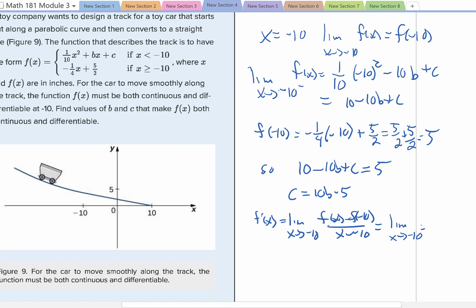I think I needed that notation here too, of f of x. Well, we know what f of x is. f of x minus f of -10 over x plus 10. I think to be technically correct, I'm going to leave this negative off right there. Now we're talking about the specific side.